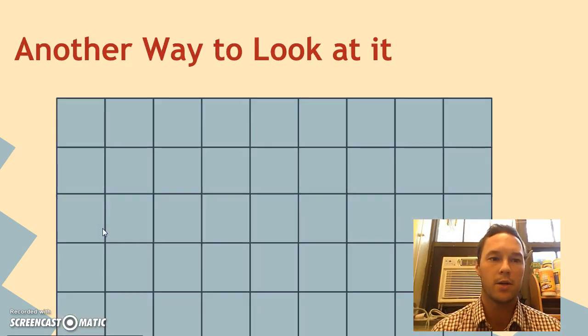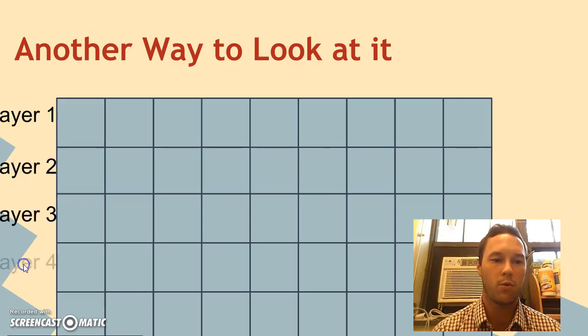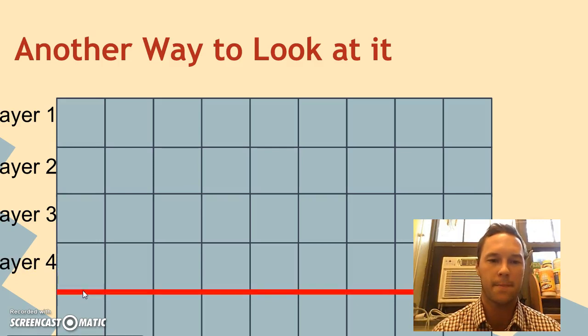So, on our number grid, we are going to start along the side again and we're going to count up. We've got 1, 2, 3, 4 players, and then we draw that line across the bottom to know where we stop.